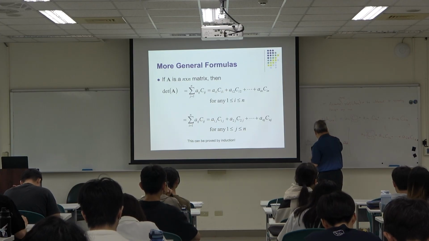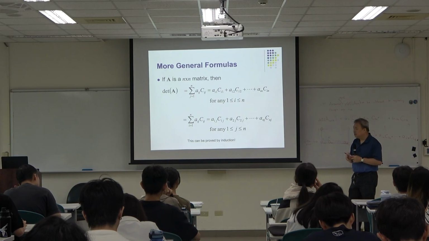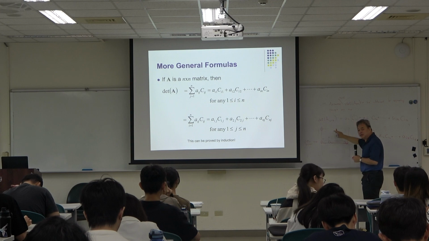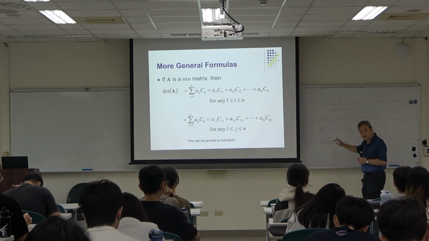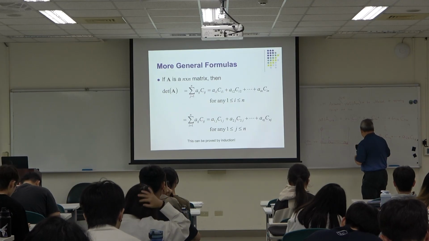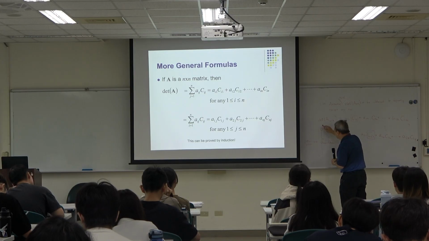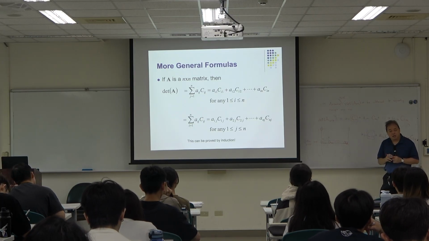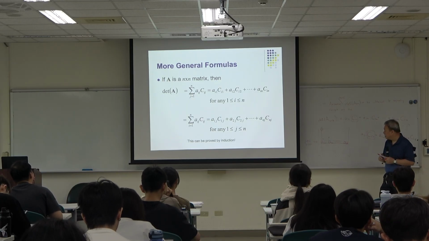This one, you get rid of this row and this column, right? It's this matrix. And this one, you get rid of this one and this one, right?